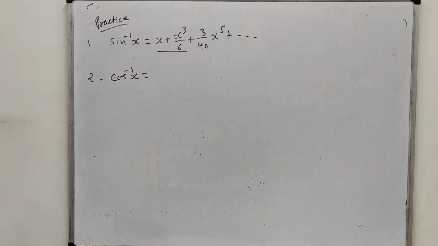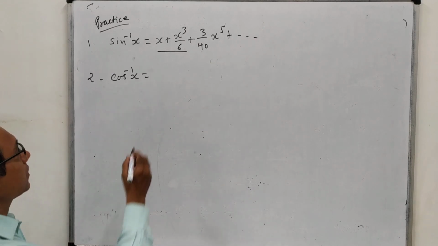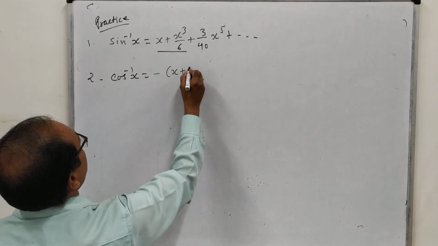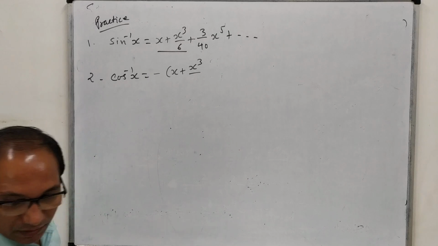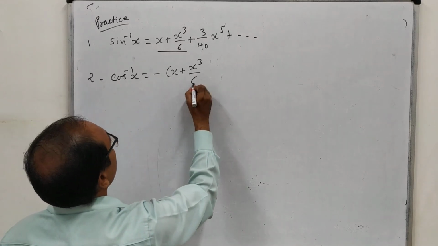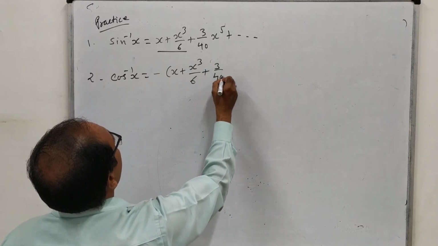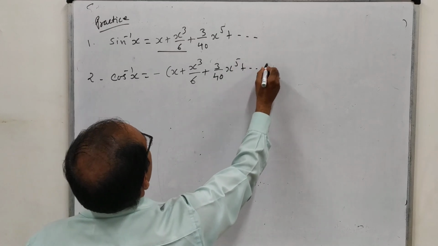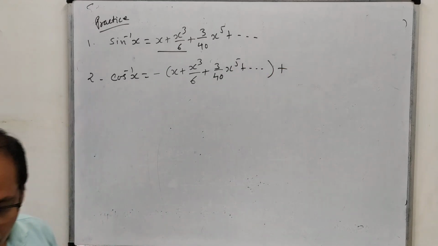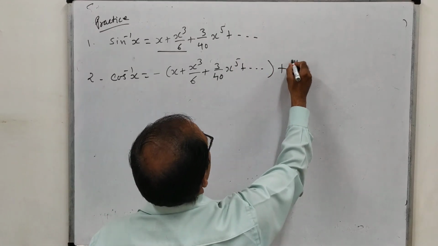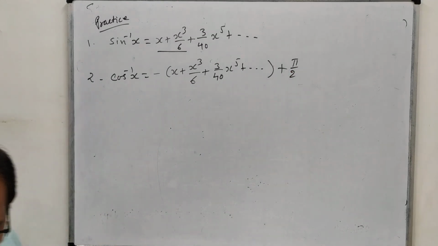So cos inverse x equal to minus x plus x cube by 6 plus 3 by 40 x raised to 5 plus dot dot dot, plus pi by 2. So this you can find.